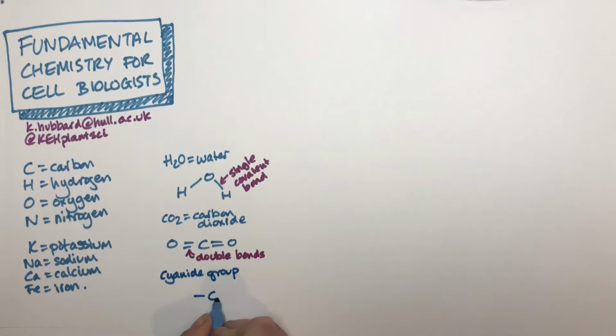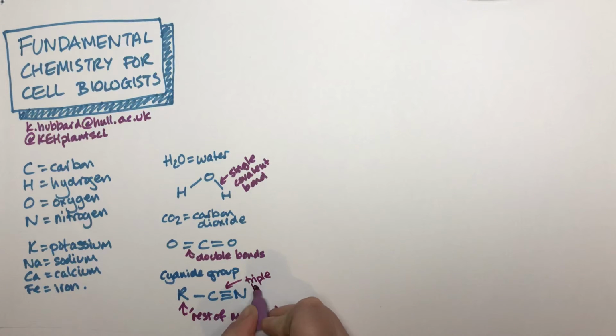So we'd have a central carbon and a nitrogen, and then on the other side, we'd have a group called R. So R equals the rest of the molecule. If you see R, that could be any number of different chemical groups. It depends on the molecule that we're talking about. But in this case, we're not really interested in what's in R. We're interested in this bond here. That would be a triple bond. So carbon and nitrogen can bind to each other with a triple bond, which is even stronger.